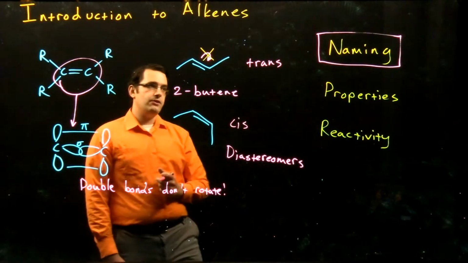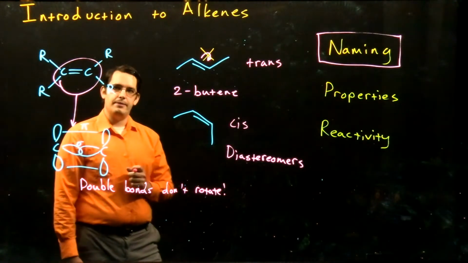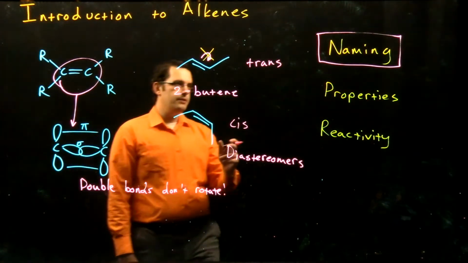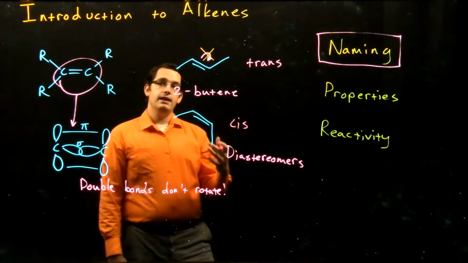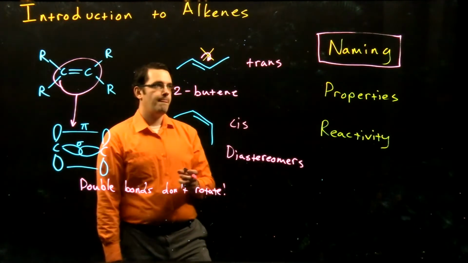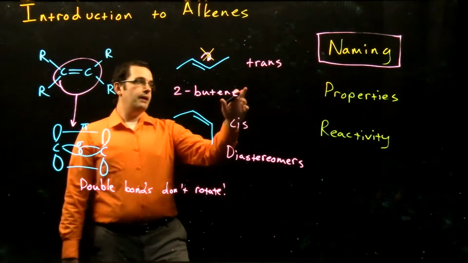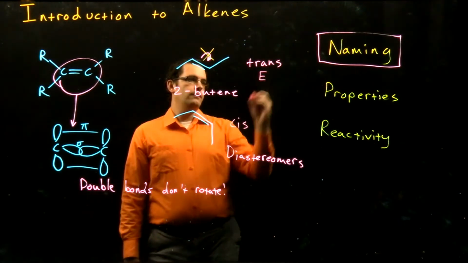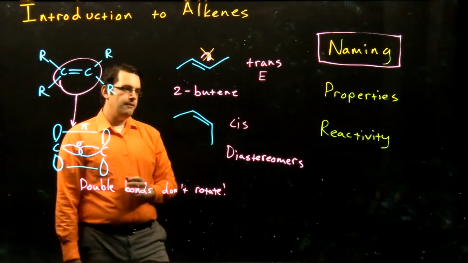Now with our alkenes, there's also another nomenclature system that we use for our alkene diastereomers. So this is the E and Z nomenclature system. So our trans diastereomers we also call E. So this would be E-2-butene.